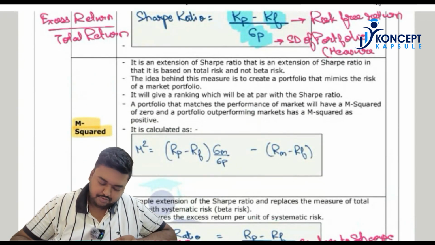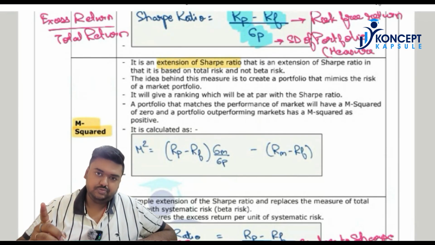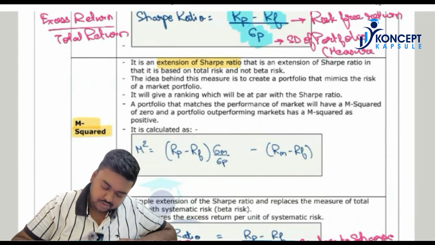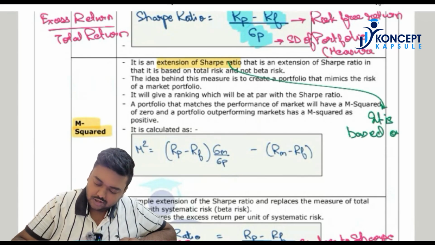Now, if you look at M squared, what it is saying, it is an extension of Sharpe ratio. Why is it an extension of Sharpe ratio? Because it is based on total risk.